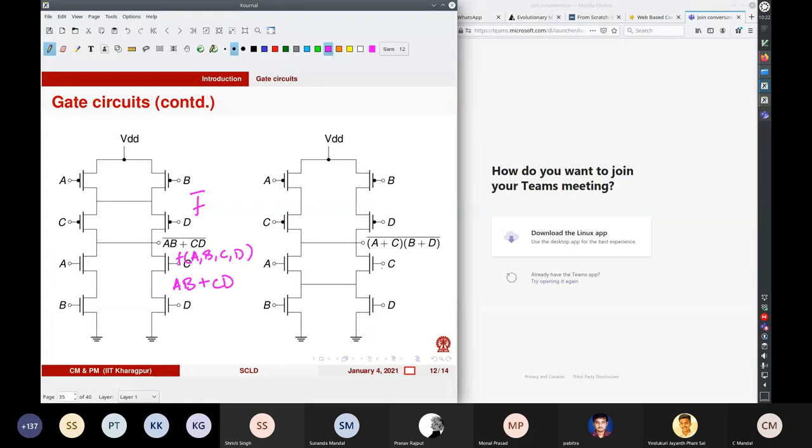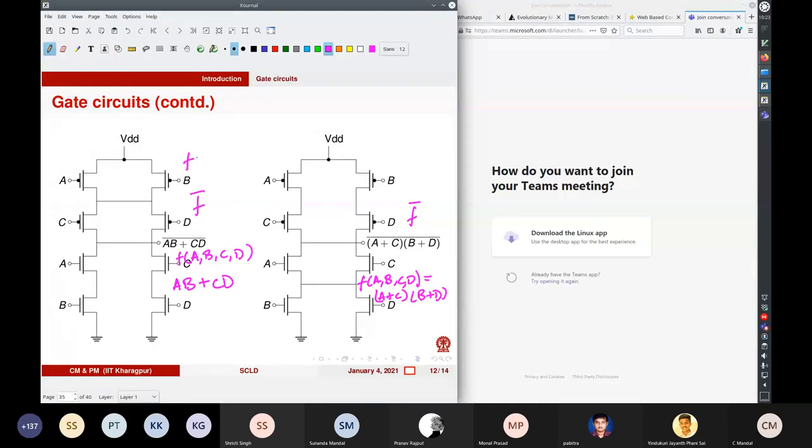The function, as you can see, is (A or C) and (B or D), and you are realizing F bar. So now just think of the function.